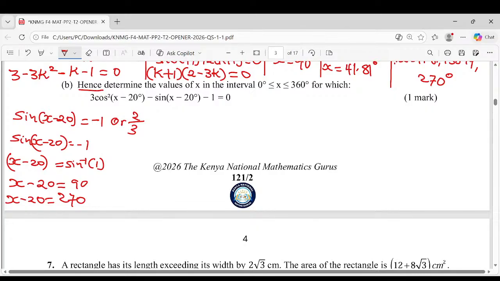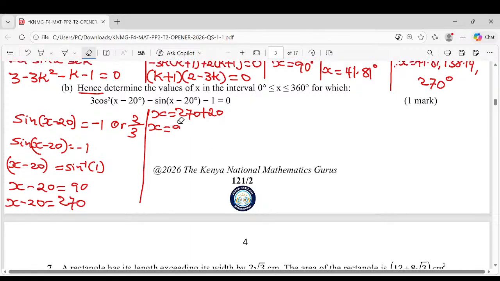If you look at it very well, the value of x is now going to be 270 plus the 20 when it crosses over. So x will be equivalent to 290 degrees. Our x in that case is going to be equivalent to 290 degrees.